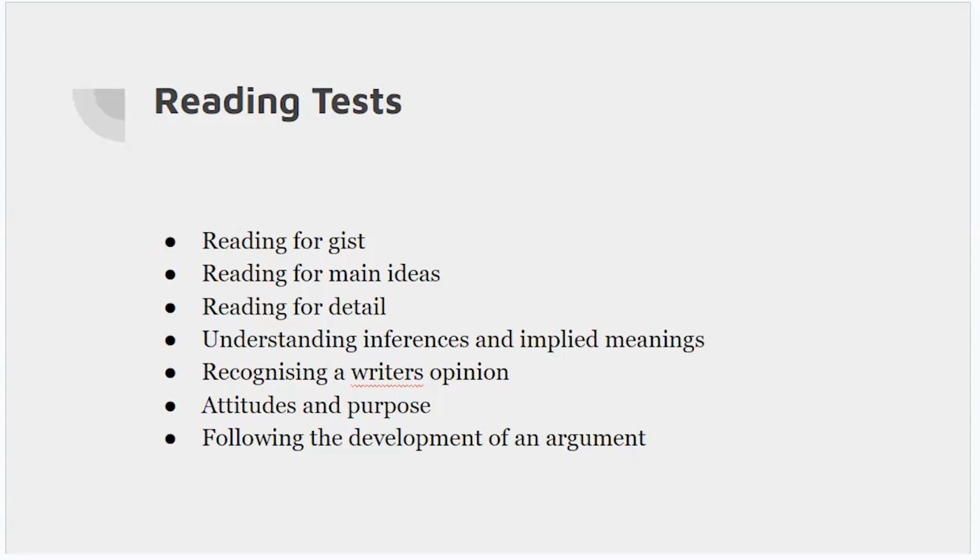What is the attitude of each person towards that particular topic, what is their impact, and what is the purpose of the particular topic? Just to get a clear idea about what it is all about. And the last one is following the development of an argument.